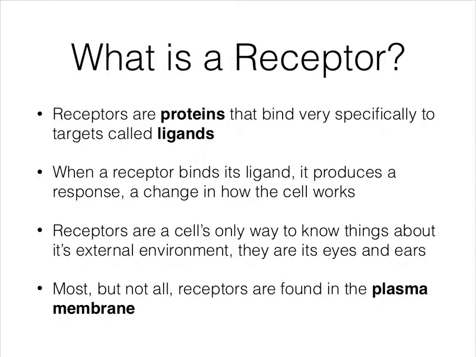Receptors are a cell's eyes and ears on the outside world. Everything that a cell knows about its external environment, it's probably getting that information from some sort of receptor.